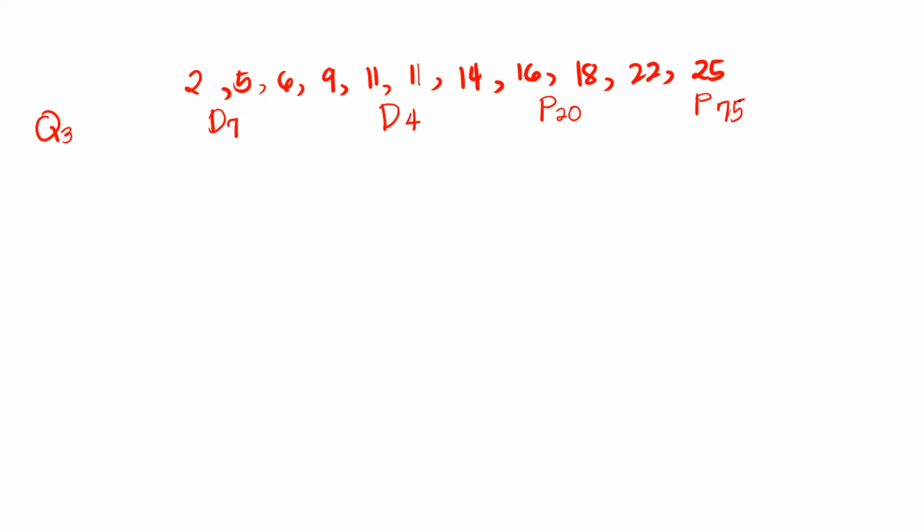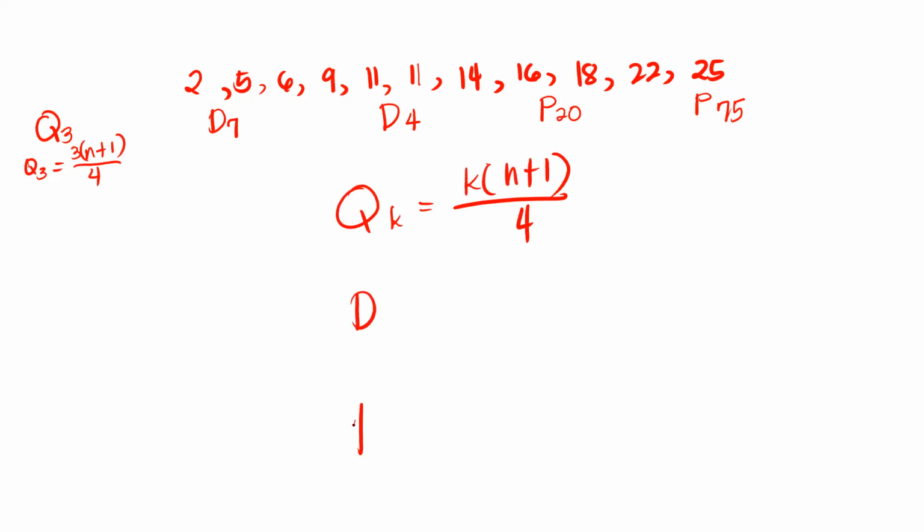Let's start with the third quartile, or the upper: 3 times n plus 1 divided by 4. So that is our formula for the quartile: Q sub k equals k times n plus 1 divided by 4. How about the decile and the percentile? They are the same. All of them have a sub k, and the formula is the same, with k and n plus 1.